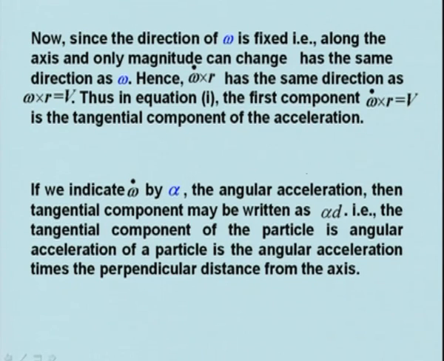So omega dot is equal to alpha, and we have alpha cross r, whose magnitude will be alpha r sin theta, that means alpha times d. That is the tangential component of the particle's acceleration: the angular acceleration times the perpendicular distance from the axis.